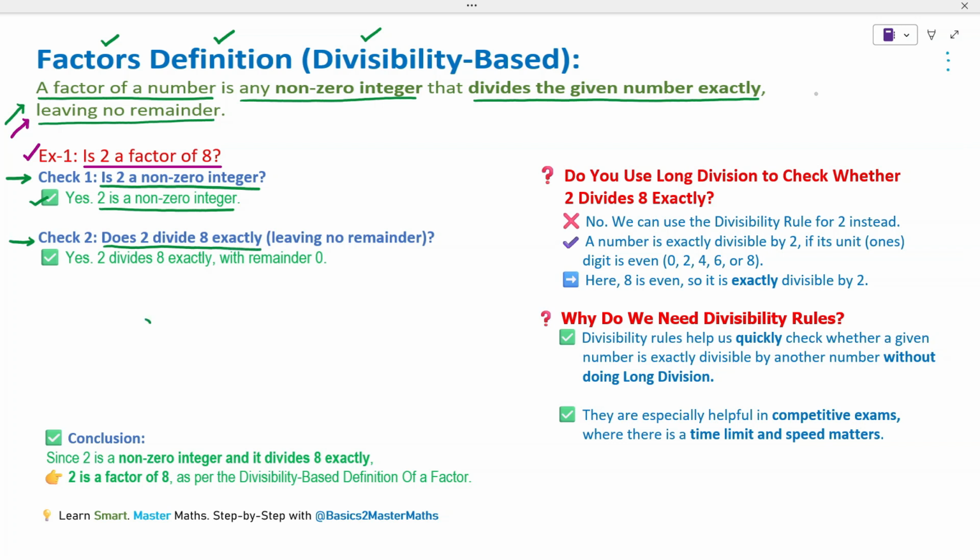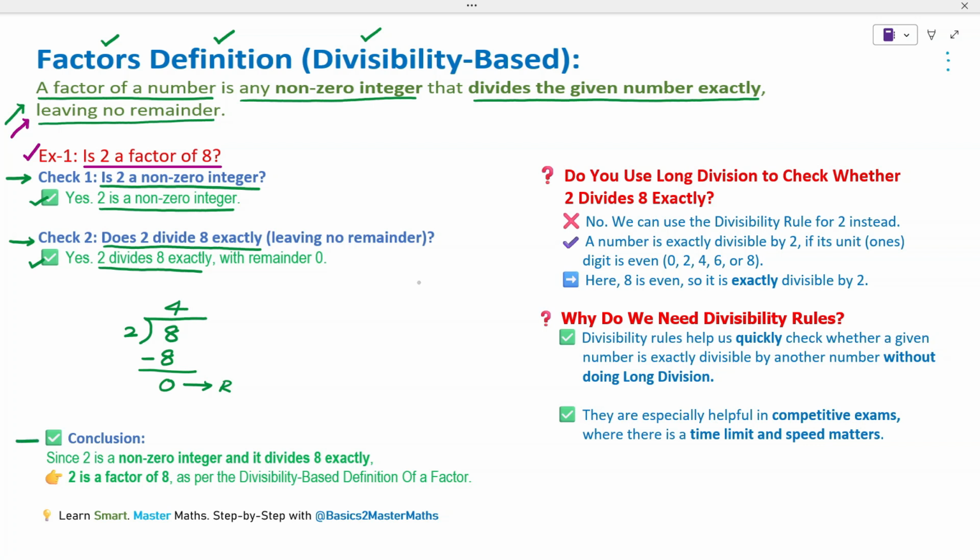Let us check using long division. We know that 2 fours are 8. We get 0 as the remainder. So, you can say 2 divides 8 exactly. Got it?